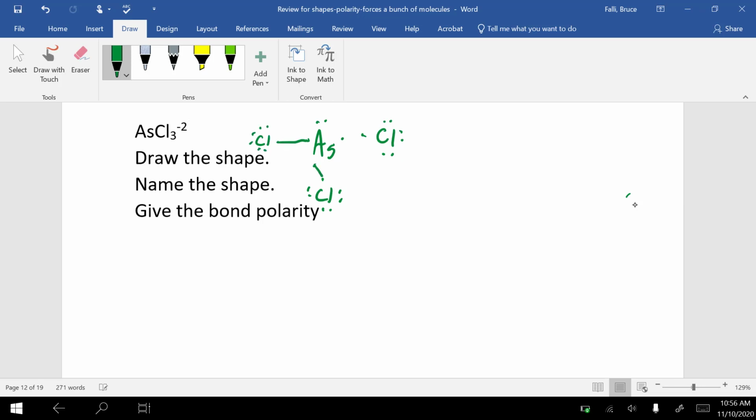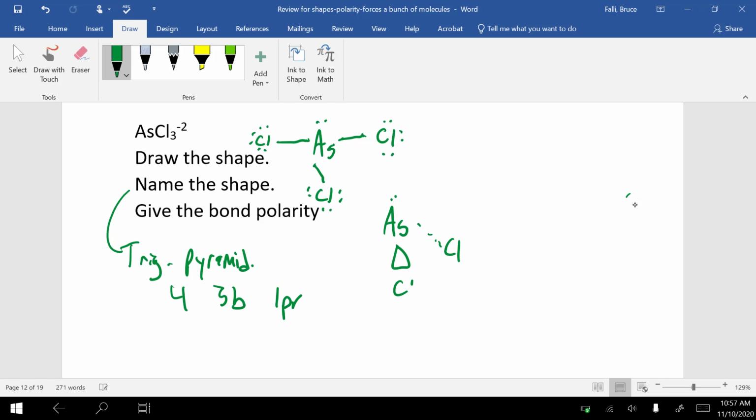Connect the dots. And the name of the shape is going to be trigonal pyramid again, because I have 4 regions, 3 bonds, 1 pair. I'm going to draw it so you can see it. Cl, wedge Cl, line Cl. Bond polarity is polar, I'm pretty sure.